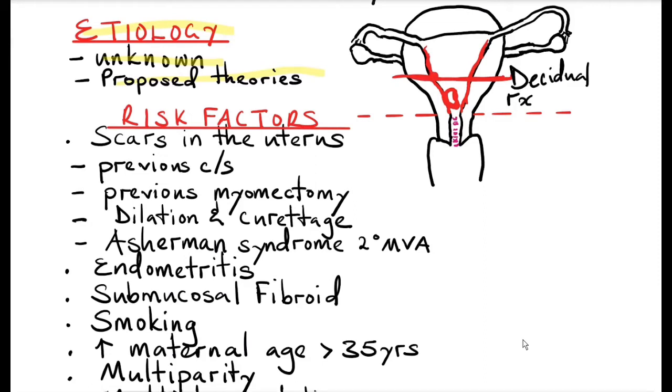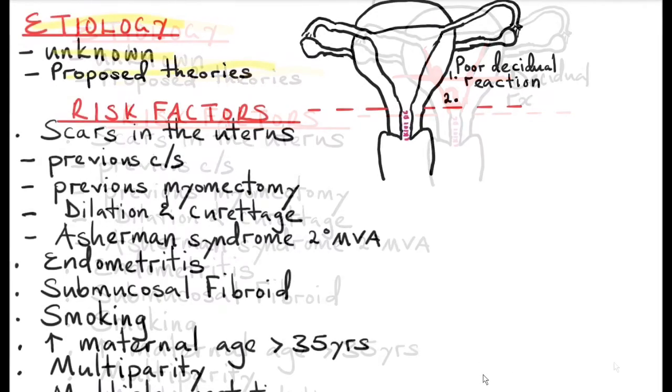This forms scars later on, where in the next pregnancy, the fertilized egg cannot even implant here because it's not good endometrium, so it looks for other areas to implant. So it goes and implants itself in the lower uterine segment where there's good endometrium.